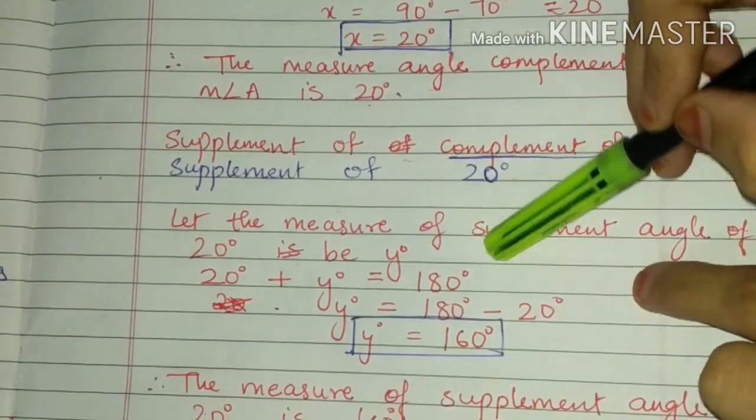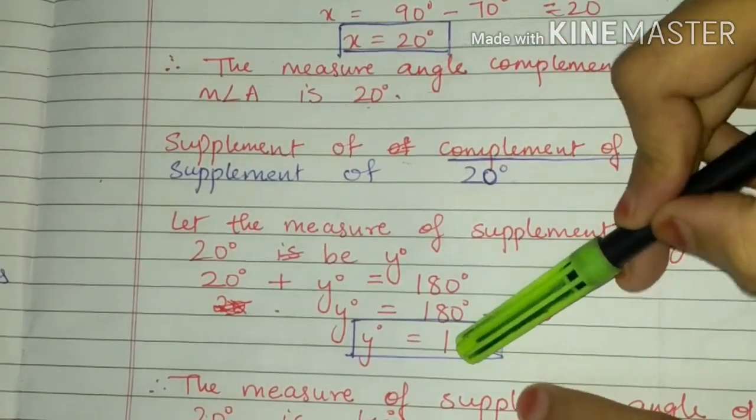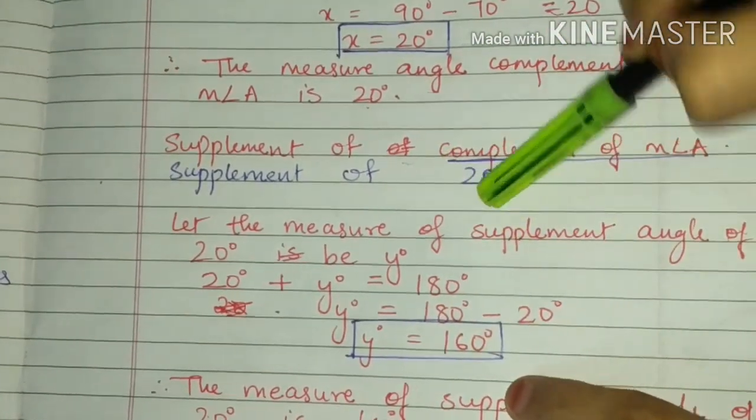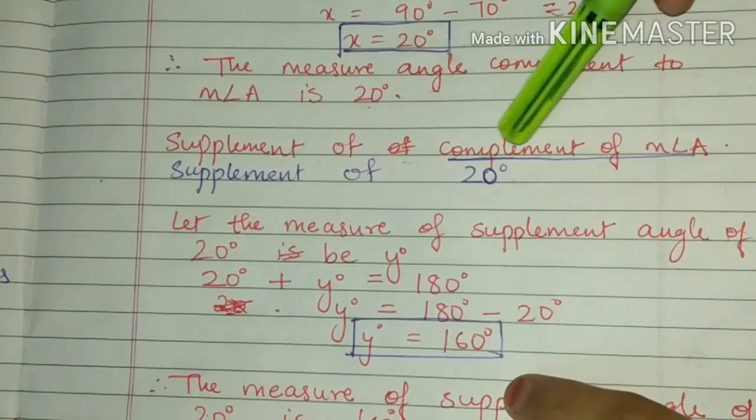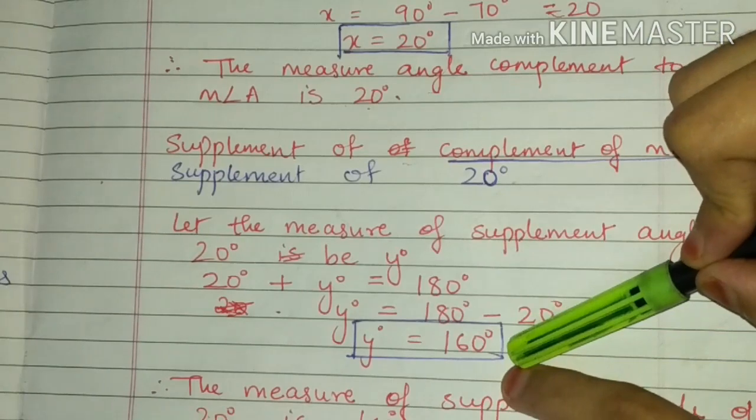We will go backwards. See, supplement of 20 degrees we get as 160 degrees. Now we can read that the supplement of the complement of measure angle A is 160 degrees.